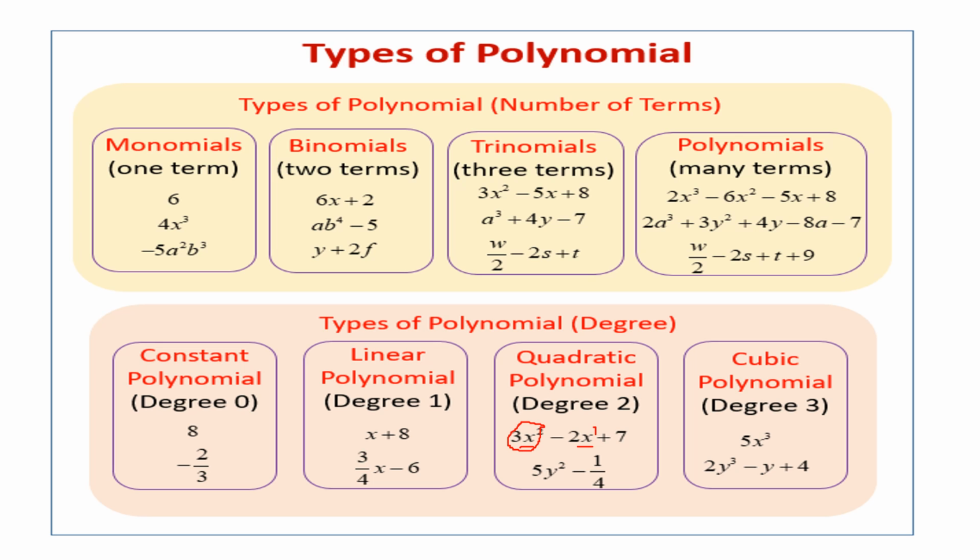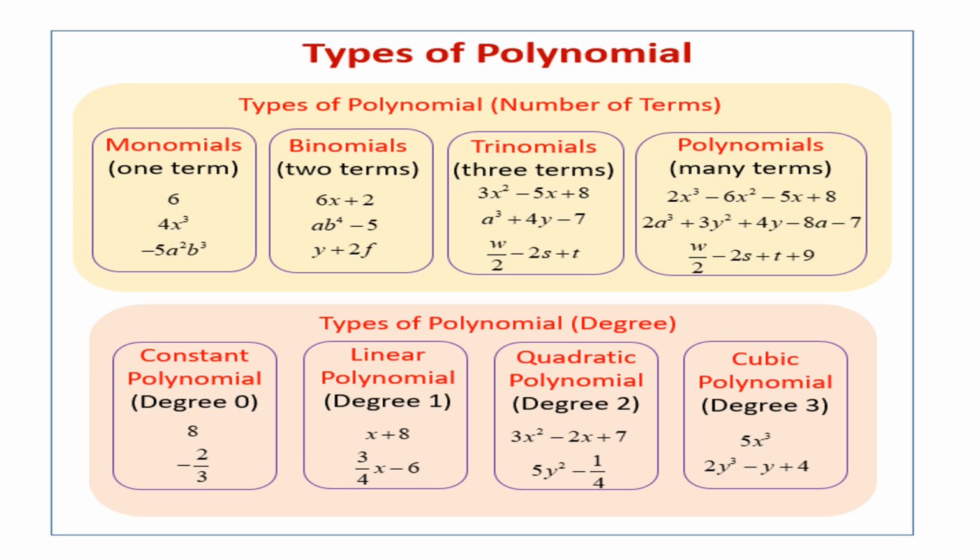So therefore it is a second degree polynomial. Next, we have here 5y squared minus 1/4. We take a look at the variable y and look at the exponent. The exponent is 2. So therefore, it is a polynomial with degree of 2.